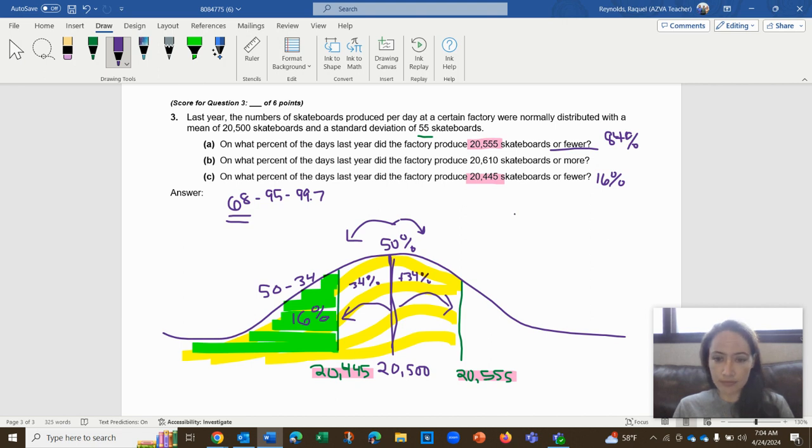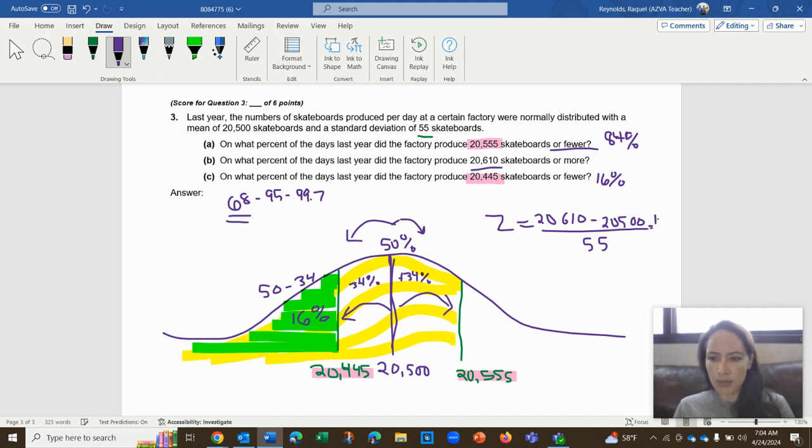All right, this guy, where's that number? First, before we bust out our z-score, which you totally can, you could totally use a z-score. You could use 20,610 minus 20,500 divided by the standard deviation.